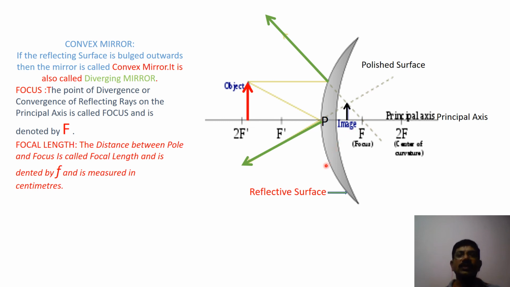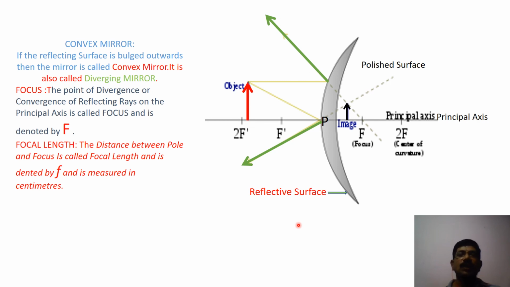So we discussed what spherical mirrors are and the various terms related to spherical mirrors. So what is a spherical mirror or curved surface? If the reflecting surface is a part of a sphere, they are mainly divided into two types. One is the concave mirror, another one is the convex mirror.